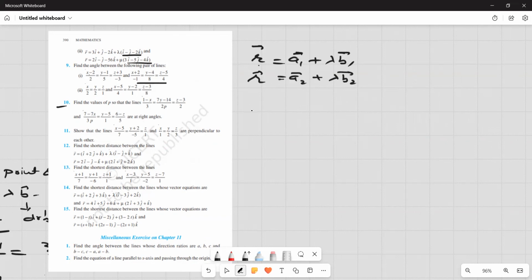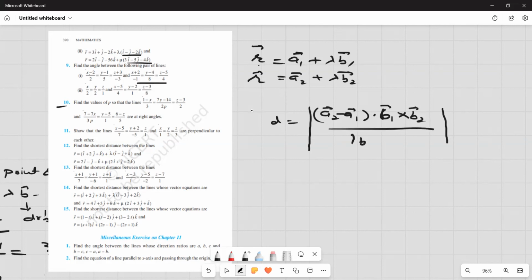If you need to find the shortest distance between them, then that distance will be equal to, since distance is always positive, the absolute value of (a2 minus a1) dot (b1 cross b2), upon the magnitude of b1 cross b2.